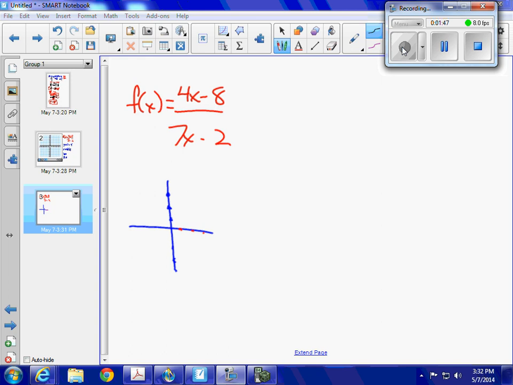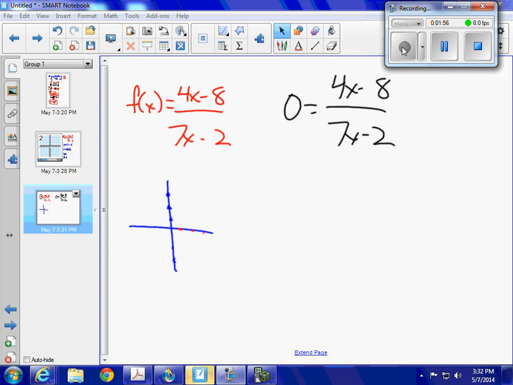So I would have 0 equals 4x minus 8 over 7x minus 2. And the only thing I'm concerned about, really, is that my numerator be equal to 0, because if my numerator is equal to 0, then my y is going to be equal to 0. So I have 4x minus 8 equals 0.